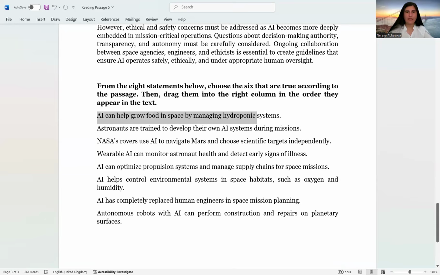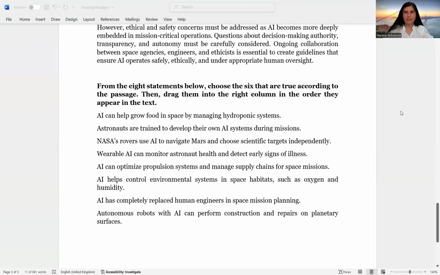For example, let's do it now. Which word here can be really helpful for you to find the answers? Please, Q&A box. Can you write in Q? Yeah, exactly. Hydroponic system. Why? Even if you don't know it, hydroponic is a terminology, it's a jargon.